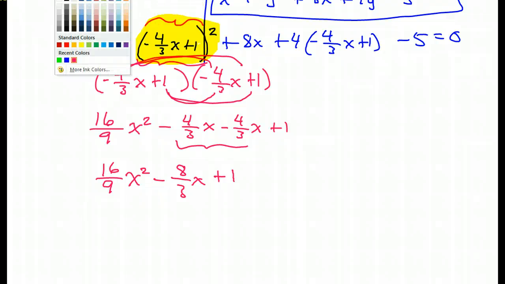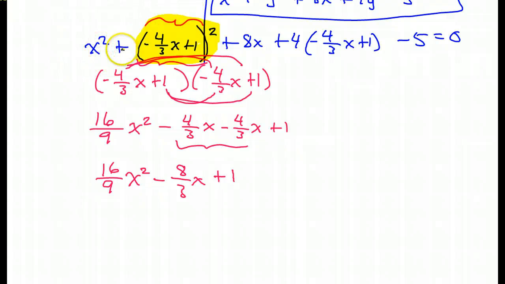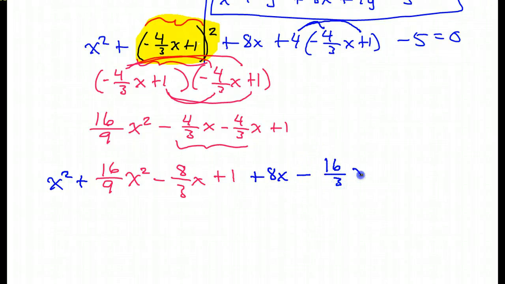So I'm going to have x squared plus this, and then I'll have plus 8x. Now I need to do the distributive property here. 4 times 4 is 16, so that's going to be negative 16 over 3x plus 4, distributing, and then your minus 5 equals 0.